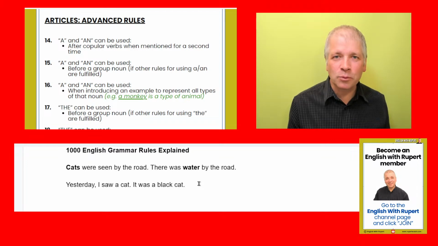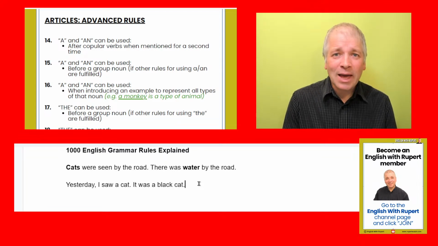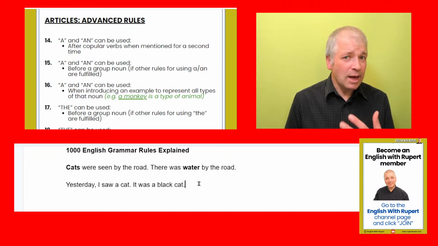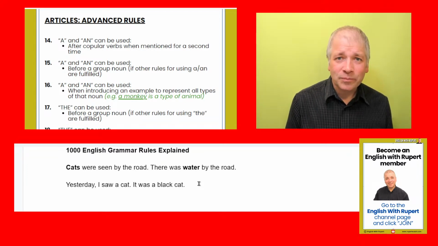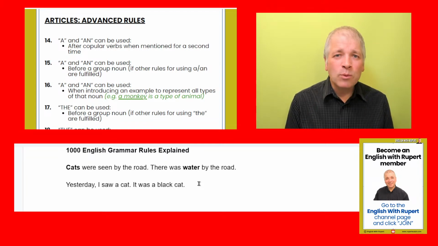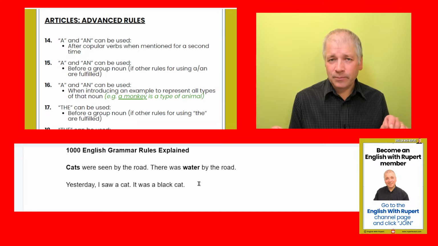Doesn't that break the rules? Aren't we supposed to use the for the second mention? Well, not always. If we have this kind of sentence, subject, verb, complement, or we could say a noun coming after a copular verb, in this case, in the second mention, we will still use a. Think of it this way.